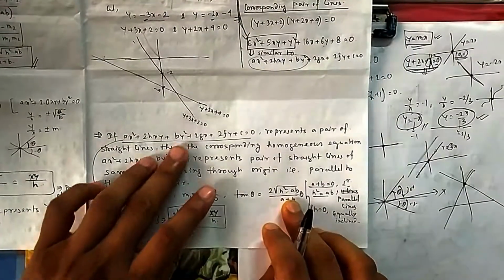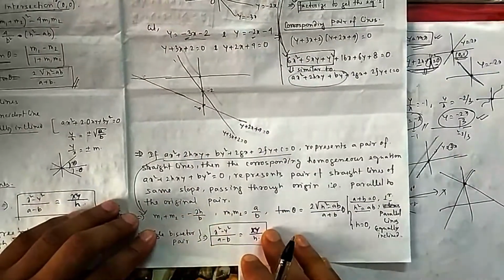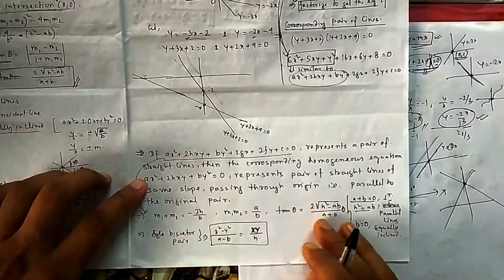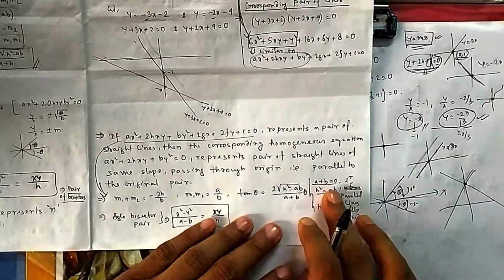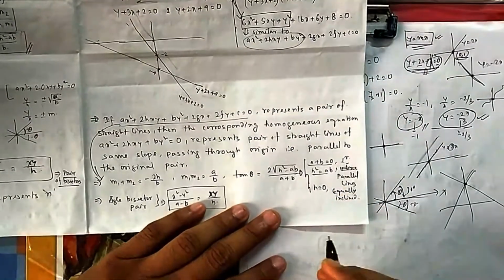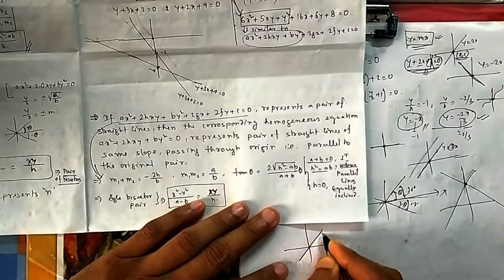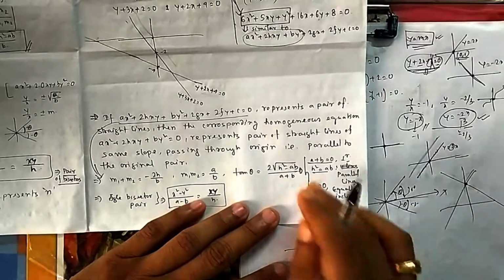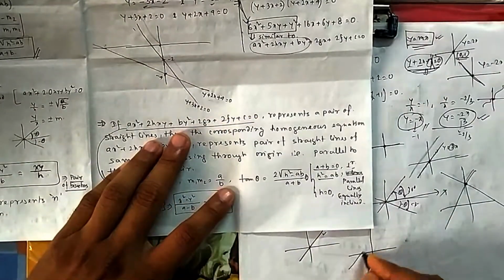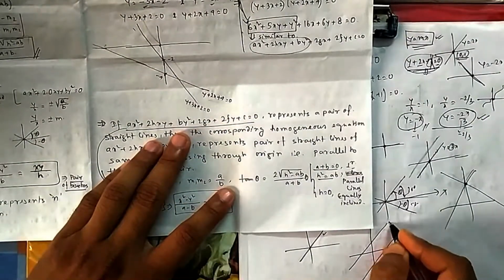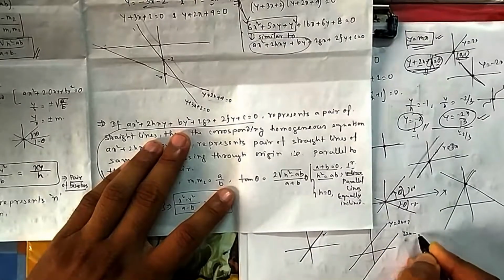Why? Because for this case, all these formulas are almost the same as before, but there is a slight difference. Earlier, h square equal to ab meant both lines had equal slopes, but because they have to pass through the origin, this was the only line possible. Here it is not compulsory that it has to pass through the origin, because it can take any line. So one line can go through here, another line can go there, both with the same slope, 2x plus 2y equal to 2x minus 2, suppose.